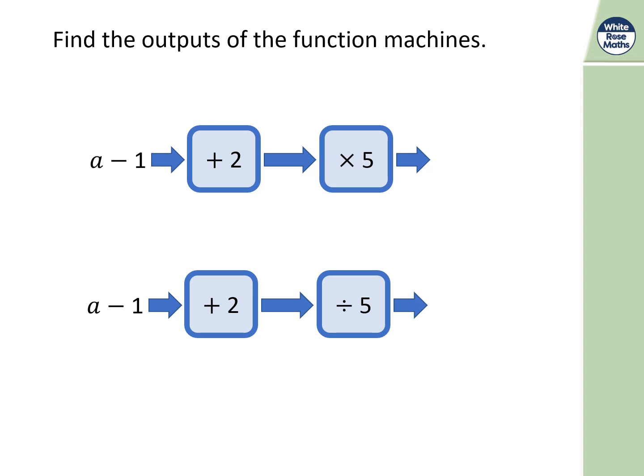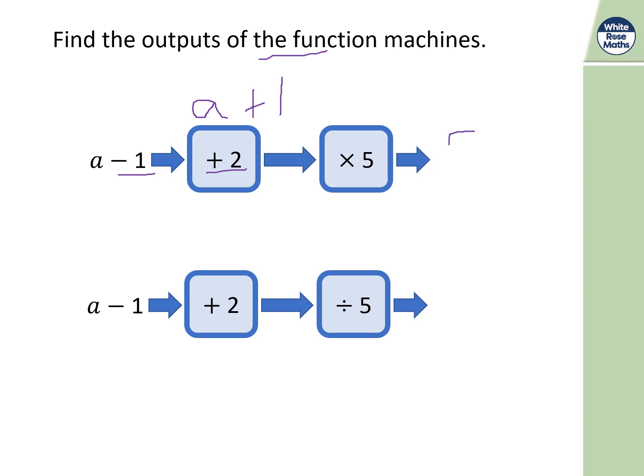This next one, find the output of the function machines. So a minus 1 plus 2, well, minus 1 plus 2 goes to positive 1, so I'm going to have a plus 1 when I collect my like terms. Here I'm doing negative 1 plus 2 is going to be positive 1, and I'm going to multiply all this by 5.